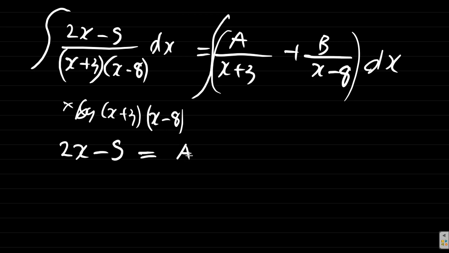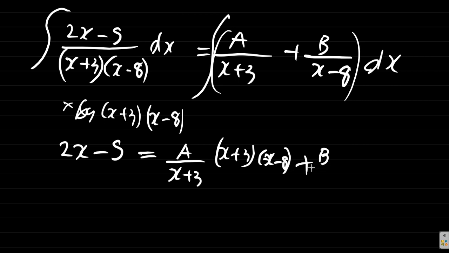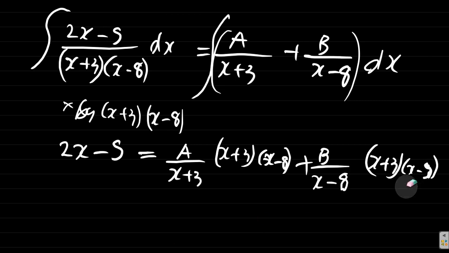Then a over x plus 3 multiplied by x plus 3, x minus 8, plus b over x minus 8 multiplied by x plus 3, x minus 8.